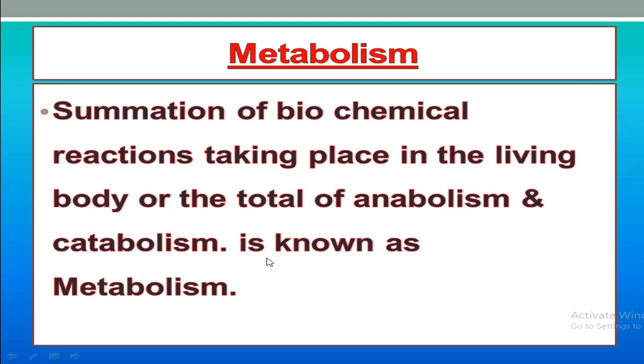Now we have learnt what anabolism, catabolism, and metabolism are. Anabolism is the process of forming complex compounds from simple compounds. Catabolism is the process of breaking down complex compounds into simple compounds. The summation of these two processes is metabolism.